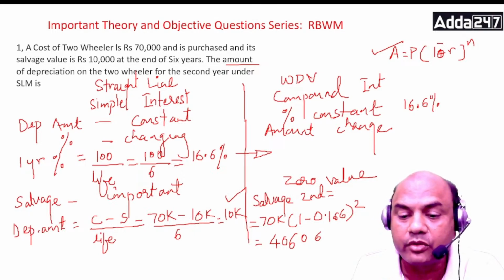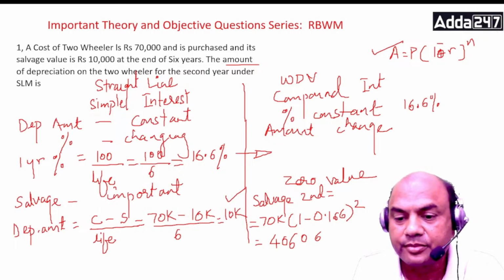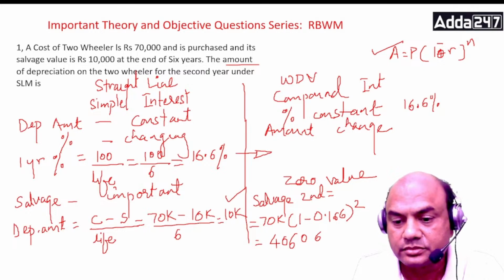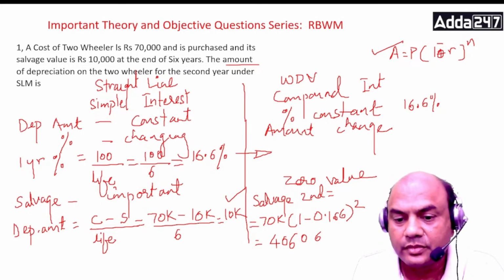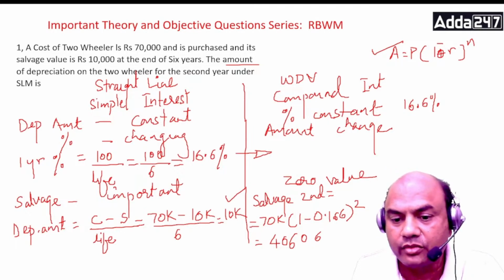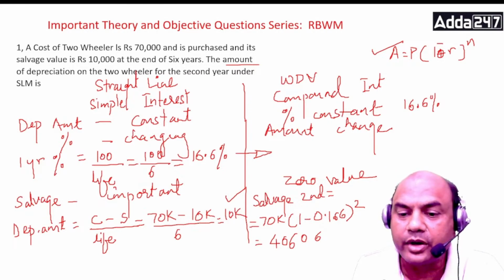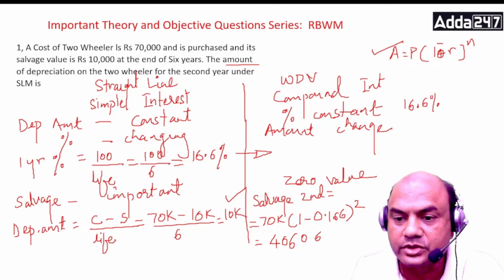Minus 0.166. One second. 1 minus 0.166. So you'll get it as 0.834. That 0.834 square. 0.69 I'm getting.